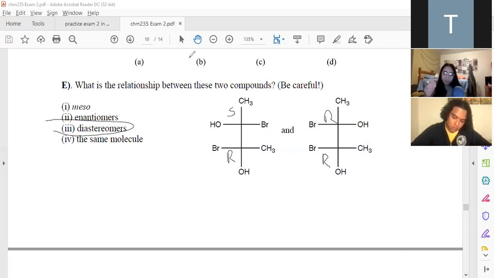Just to double check, is that what she got for this one on the answer key? Just to make sure we're all on the same answer key. Oh, it says enantiomers. Really? Are you looking at the correct answer key?